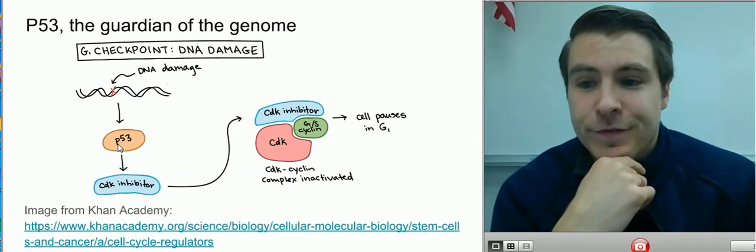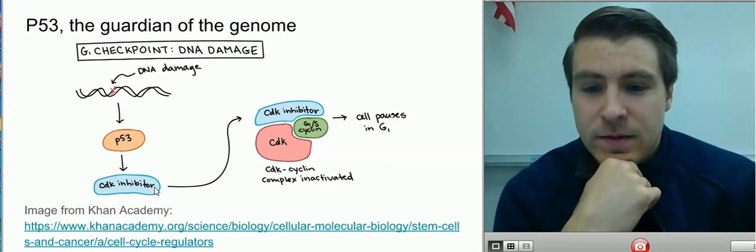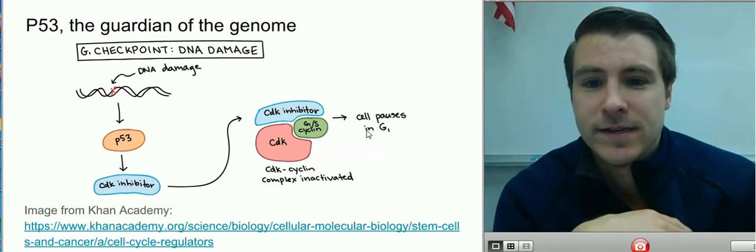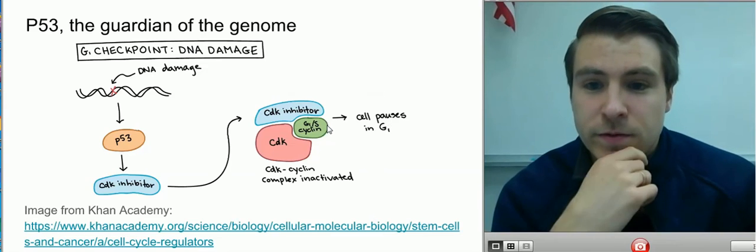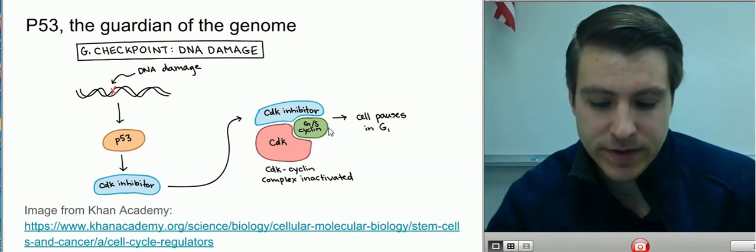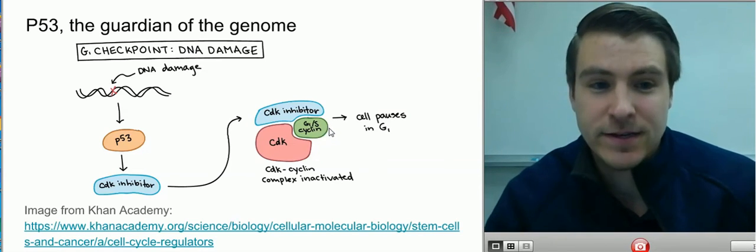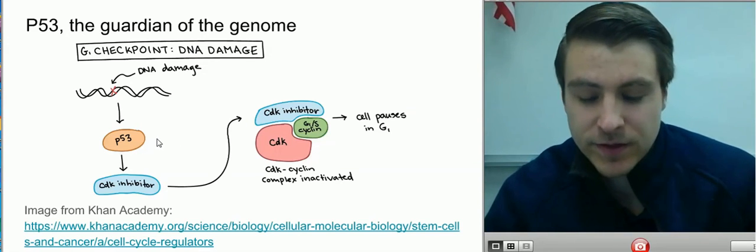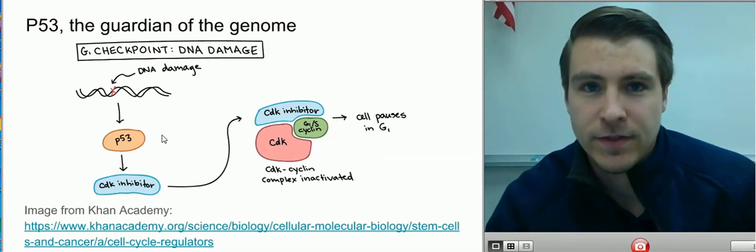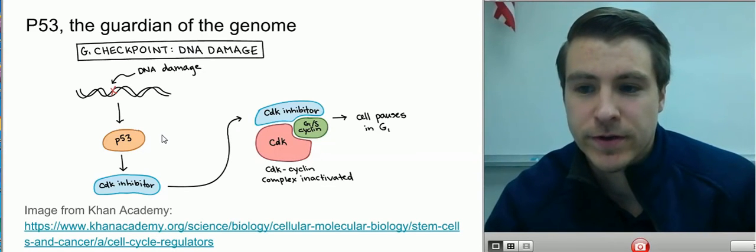It might not even effectively bind to the CDK inhibitor, and therefore it's not going to be able to stop the cell cycle as it's supposed to. And so what can happen is, if there's DNA damage, p53 is mutated and can do nothing to stop it. And that's in the example of a person who has cancer.